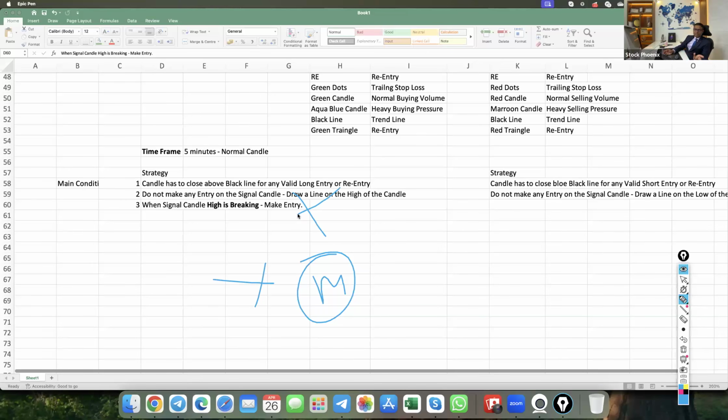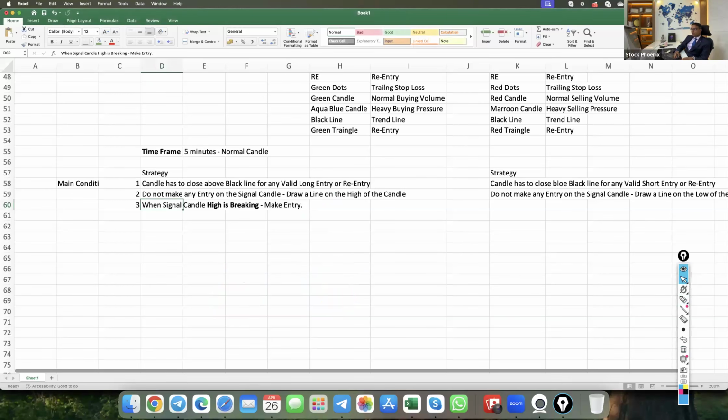Everybody gave a wrong answer. My answer is straight, simple. You have to make an entry when the signal candle breaks the high of this. Simple. For every other question, the answer is no. Okay, done. So everybody understood this.